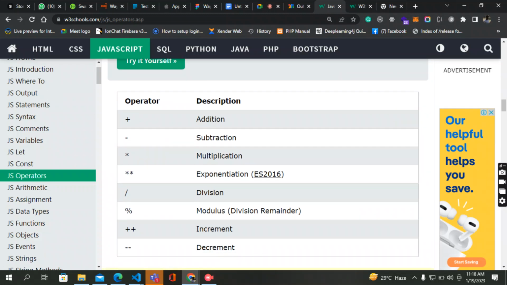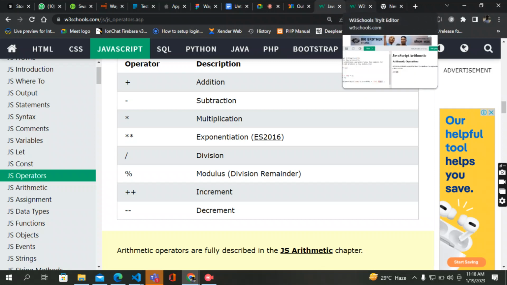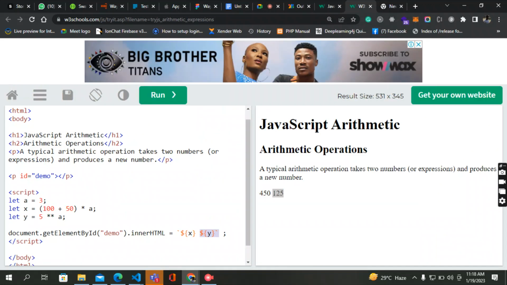Now this is exponential, and then this is division. This other one that is odd again is called modulus. Modulus is the remainder of a division of two numbers. So let's take a look at that as well.